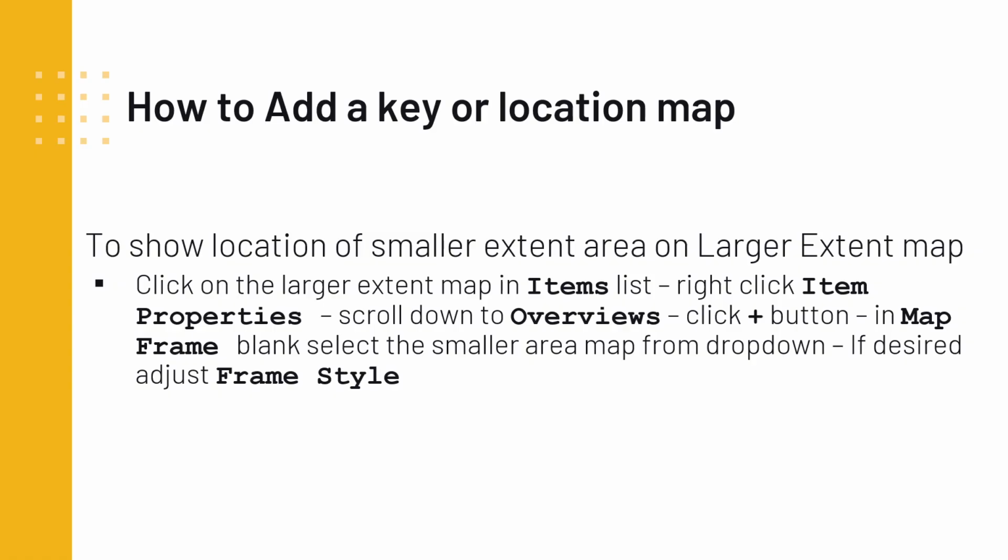Click the plus button, and in a map frame blank, select the smaller area map from the drop down. If desired, you can adjust the frame style. Again, if this sounds complicated, it's not, but if you want to talk to me about how to do it in the GIS Center, please just book an appointment or come talk to me.